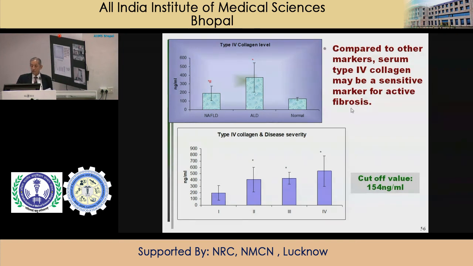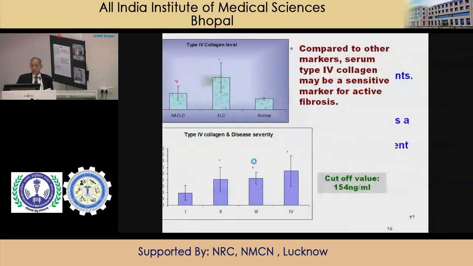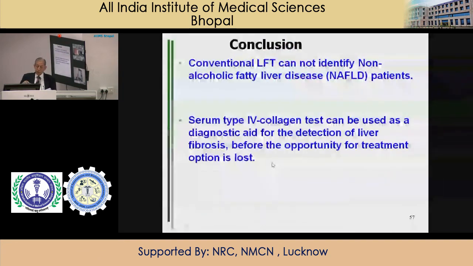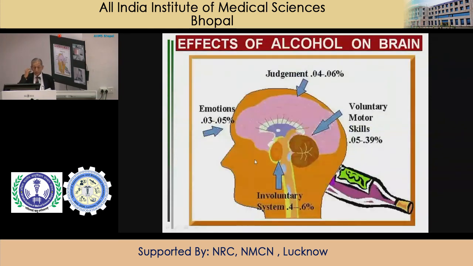Compared to other markers, serum type 4 collagen may be a sensitive marker for active fibrosis. And the cut-off value we have found is 154 nanogram per ml. The conclusion is that conventional LFT cannot identify non-alcoholic fatty liver disease in patients. Therefore, the serum type 4 collagen test can be used as a diagnostic aid for the detection of liver fibrosis before the opportunity for treatment option is lost.